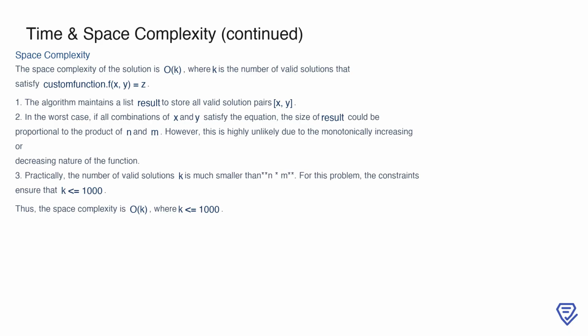However, due to the monotonic nature of the function, this scenario is extremely unlikely. The problem constraints further ensure that k, the number of solutions, is at most 1000. As a result, the space complexity is O(k), where k is significantly smaller than n times m in practice.